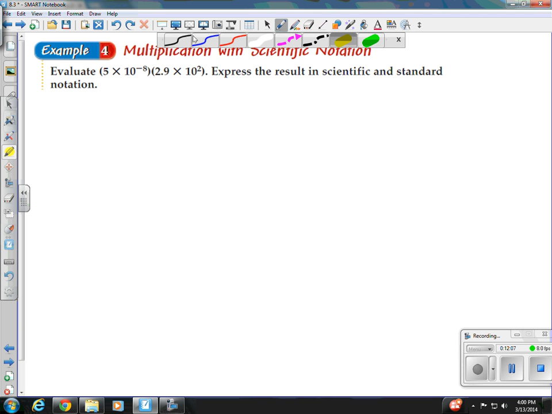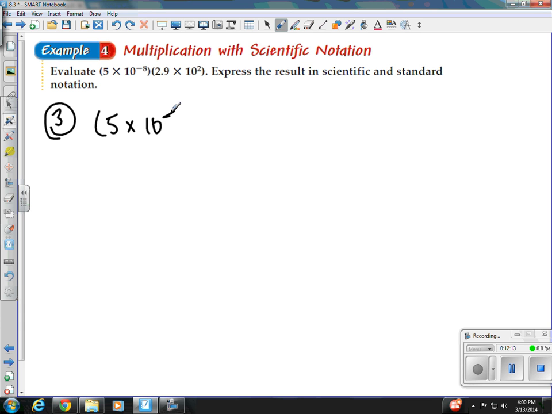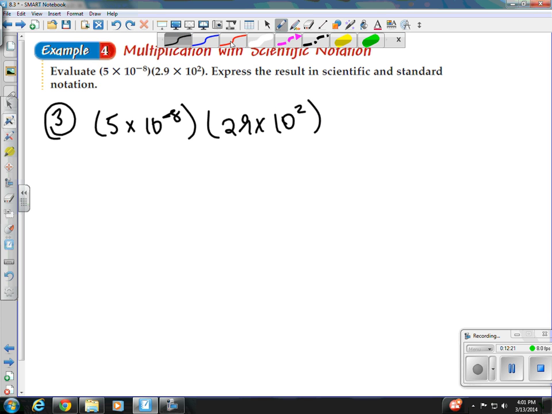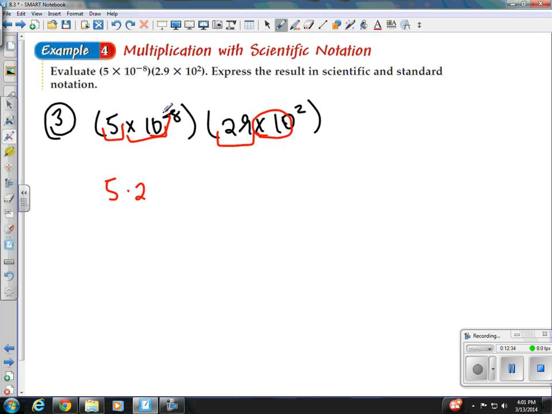So here's our third example. It says evaluate 5 times 10 to the negative 8th times 2.9 times 10 to the 2nd. So once again, we treat them like multiplying monomials. So I multiply my coefficients, 5 times 2.9. And then I keep my times 10, treat them like the variable, like an x.